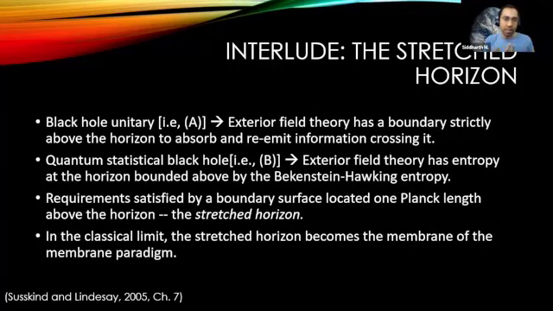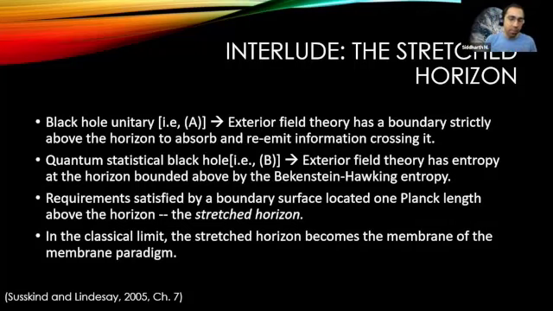The second thing is that the black hole is statistical mechanical. And so the field theory should attribute an entropy that is bounded by the Bekenstein-Hawking entropy. As it turns out, you can satisfy both these requirements by locating a boundary surface one Planck length above the horizon. And this is the stretched horizon.